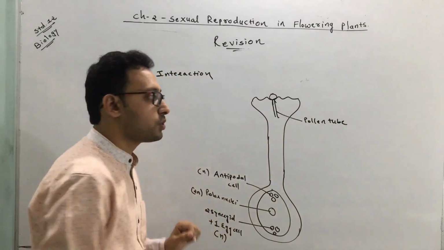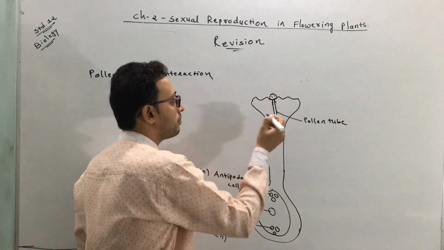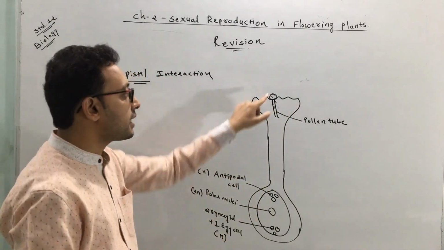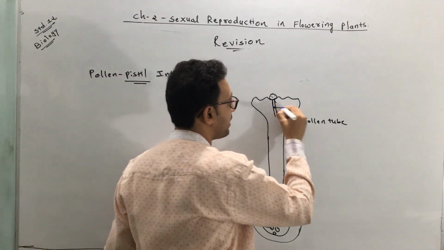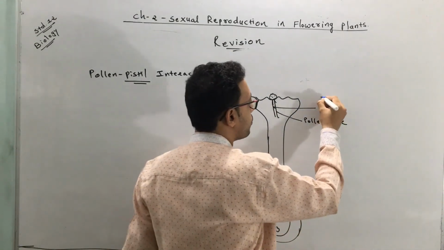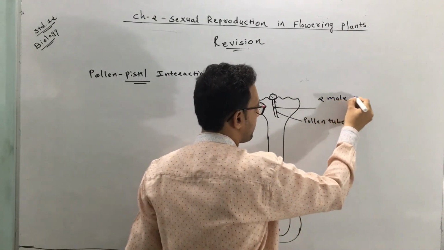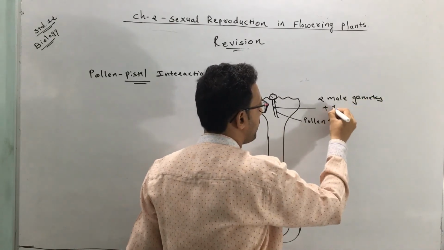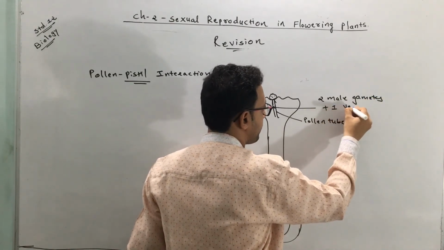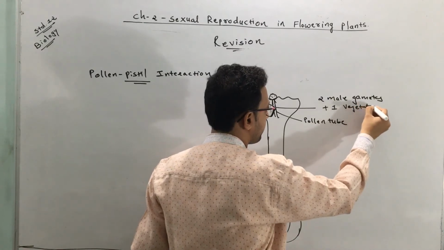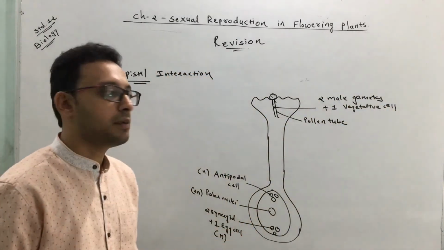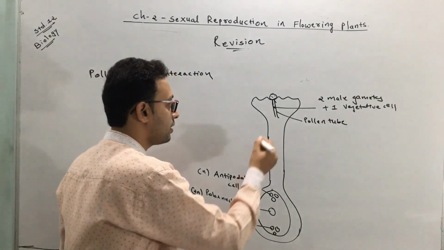Once the tube is formed, the content present in the pollen grain is released into the pollen tube. So what is the content? The content usually released is two male gametes and one vegetative cell, because the generative cell divides into two male gametes.